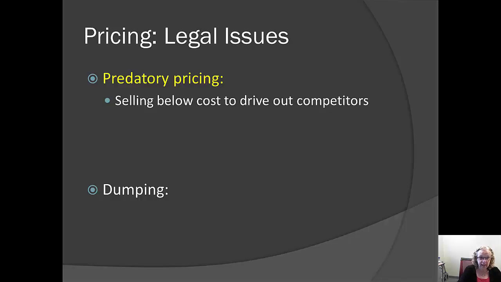In that case, this firm hopes that it will be able to drive out competitors. They won't be able to offer as low a price. Customers will flow to the predatory firm and the competitors will go away. Once they do, then this firm can raise its prices again.